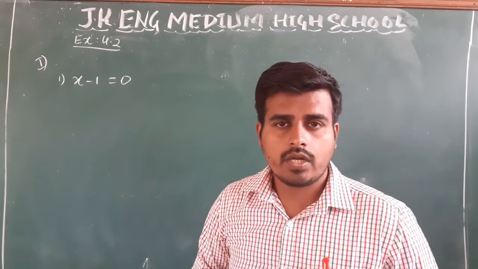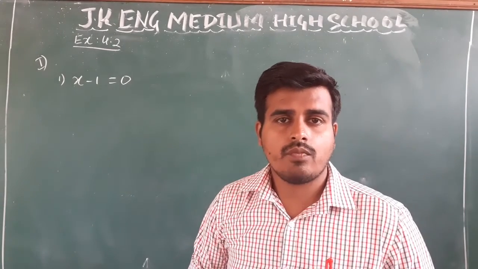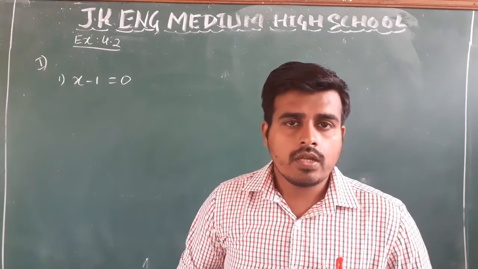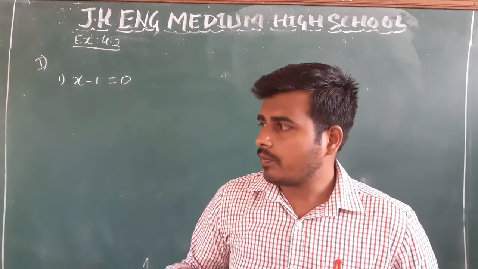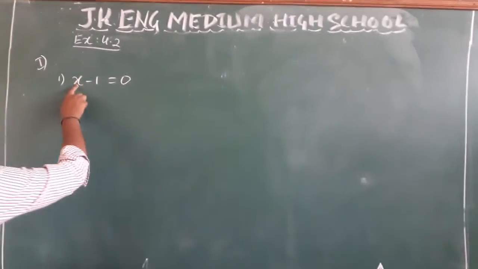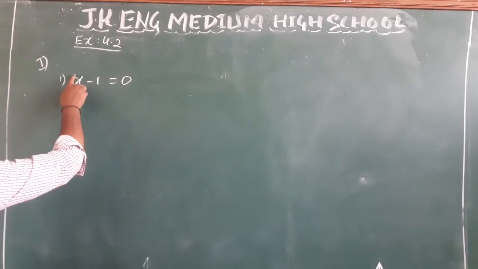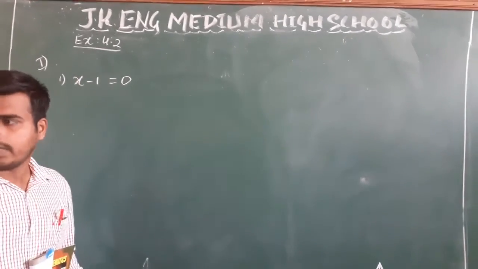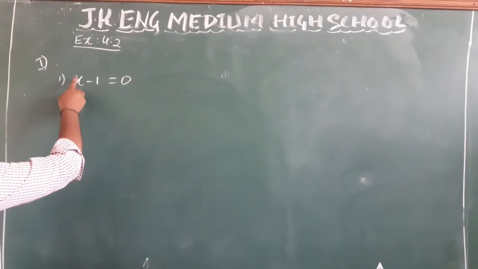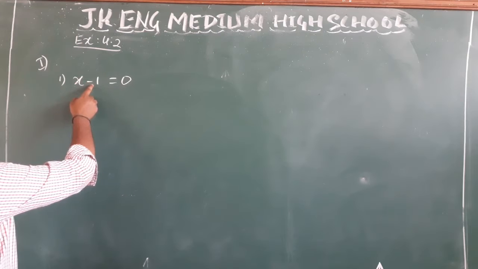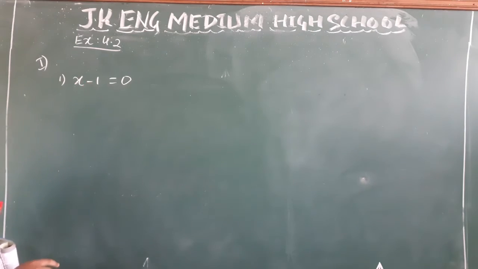Now what are we doing now? We are doing a separation of variable. This is also one method only. What do we do here? We need to separate the variable. We want x now. With x, what other number is there? -1 is there.